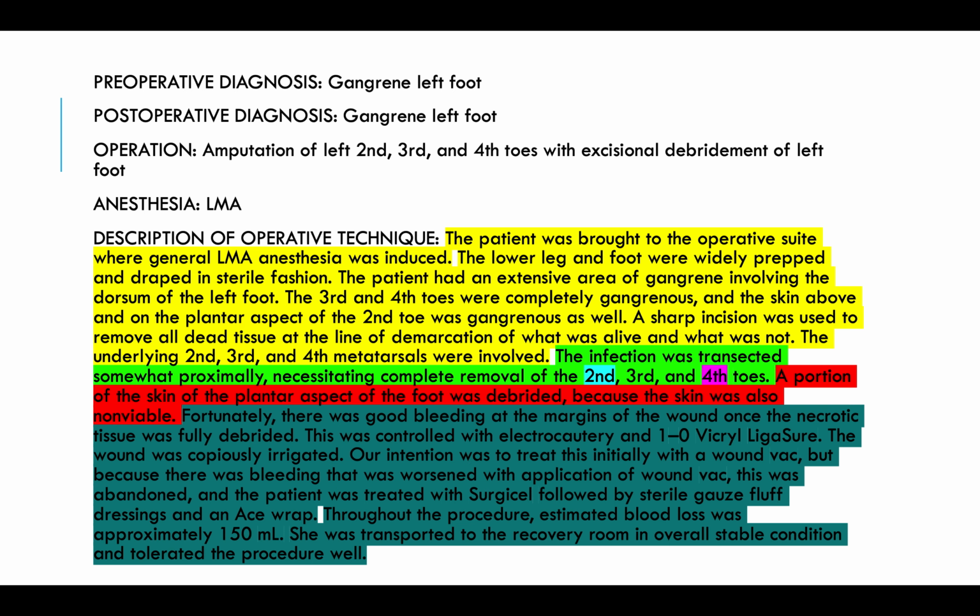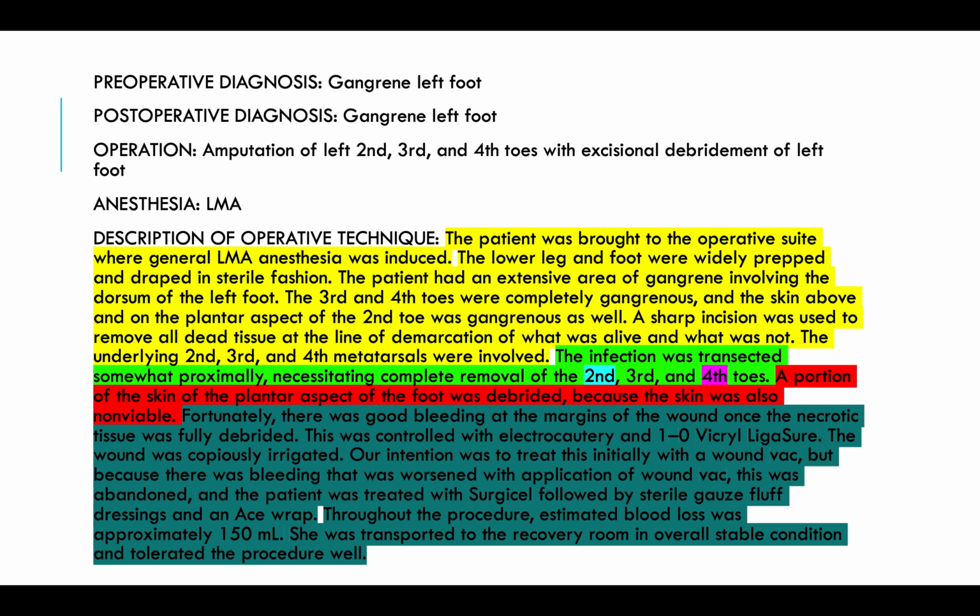Our intention was to treat this initially with the wound vac, but because there was bleeding that worsened with the application of the wound vac, this was abandoned and the patient was treated with Surgicel following sterile gauze, fluffed dressings, and an ACE wrap. Again, this is finishing the patient's surgery. This is just preparing for the patient to wake up to prevent infection.